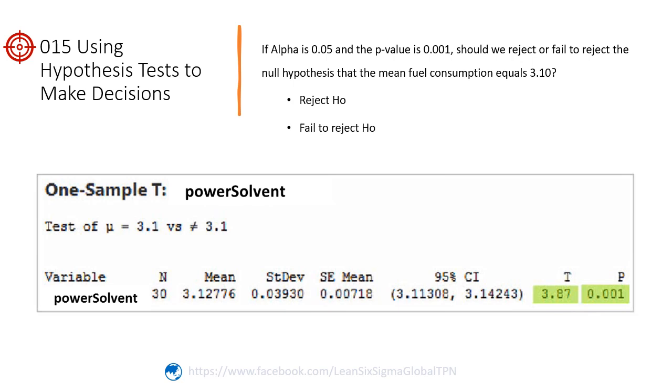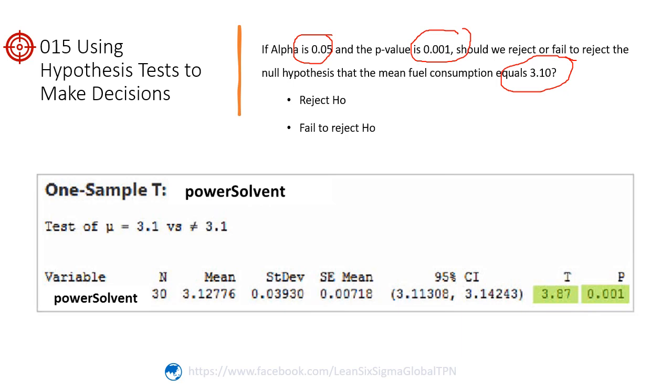Let's return to the power solvent example. The R&D team wants to test whether the use of power solvent results in a mean fuel consumption of 3.10. If alpha is 0.05 and the p-value is 0.001, should we reject or fail to reject the null hypothesis that the mean fuel consumption is equal to 3.10?